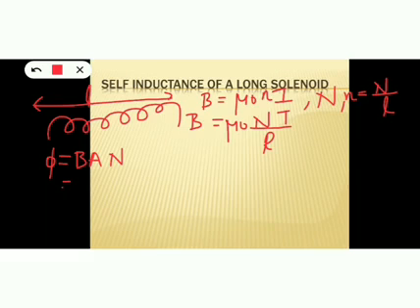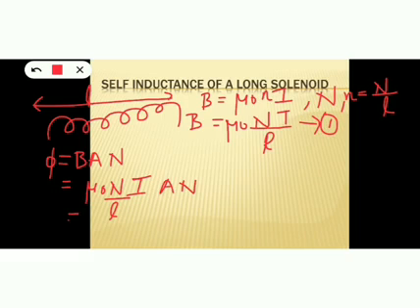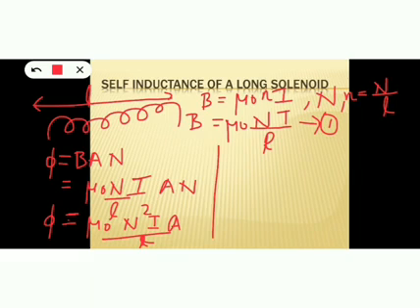Now substitute the expression for B. As per equation number 1, B is equal to mu 0 N by L into I. So substitute mu 0 N by L into I, then into A into N, which equals mu 0 into N into N, that is N square I into A by L. Okay, so this is the expression for total flux, mu 0 N square I A by L. Now let this be our equation number 2.